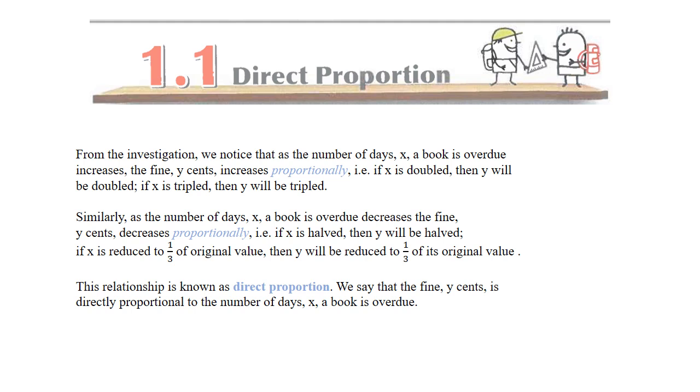So it gives us the sense of a direct proportionality. That is, if one variable increases, the second also increases, such that we have an increase in the fine as the number of days increases. And similarly, when the number of days decreases, the fine also decreases.